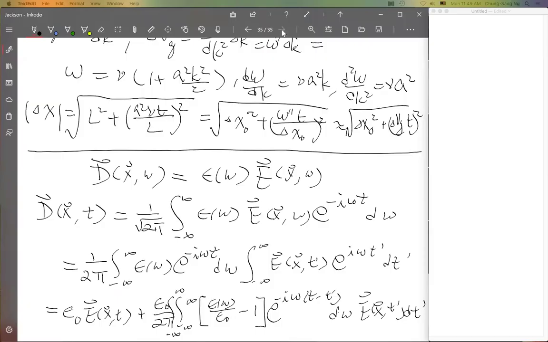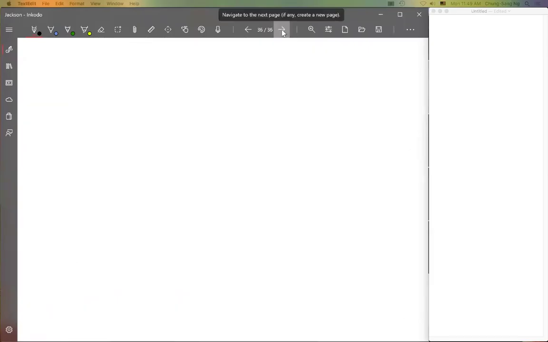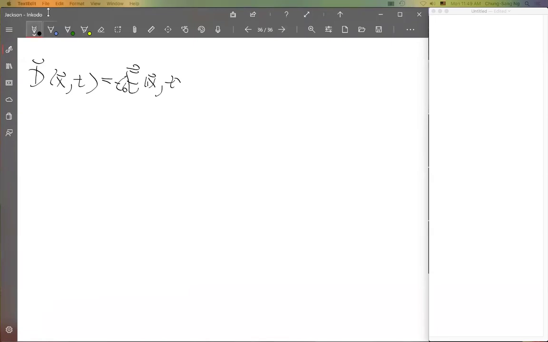So now the rest of this expression, we can do just a transformation of integration variable to make it nicer. So this, we just copy what we have. So the vacuum term. Okay, and then the integral.